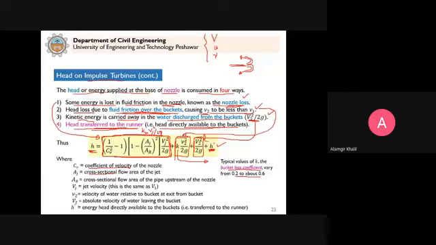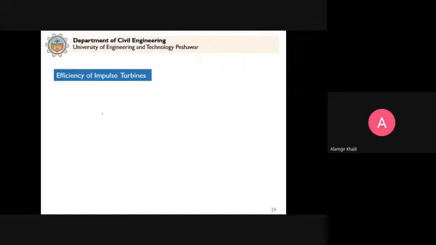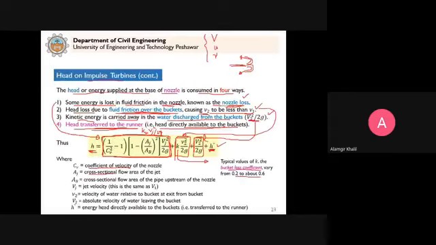Now that we have the losses, we can calculate the hydraulic efficiency of the impulse turbine. What is the head available? This is the head available, but only part is effectively transferred because of these losses.